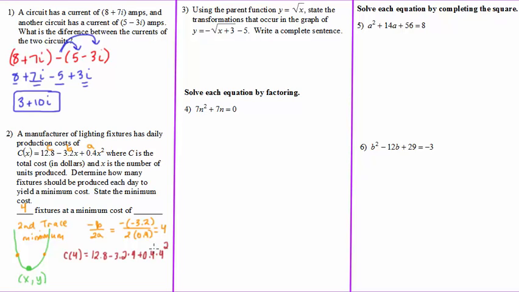Let me type that in real quick. And you get 6.4. And that's dollars because we're talking about costs. So that's how you do number 2.